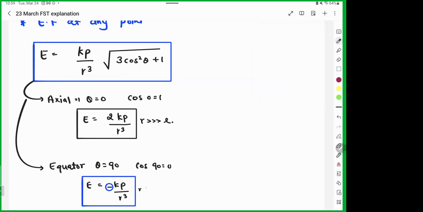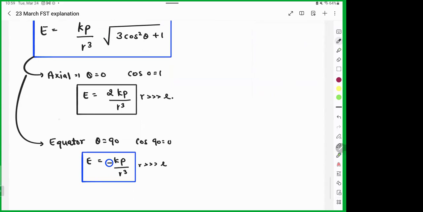So same when r is way, way greater than L. Why? In this case, electric field direction and dipole moment direction are same. But here electric field direction is opposite to the dipole moment direction. That's all.